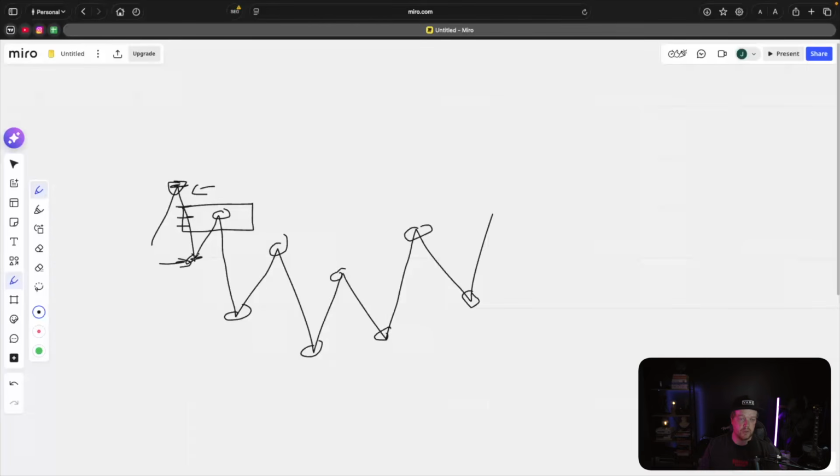Then when we broke this low, we're going to draw a new fib from this high to this low, and we are going to identify the Fibonacci level right over there. Same that we are going to do here. We're going to draw the fib from this high to this low. We are going to identify the level right over here.